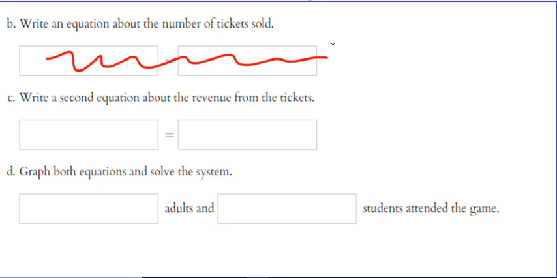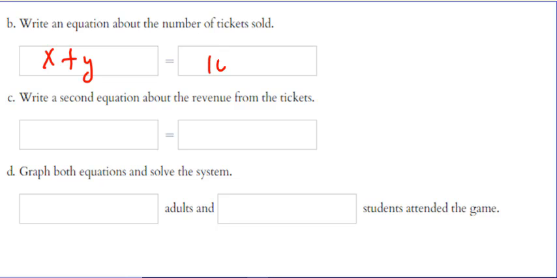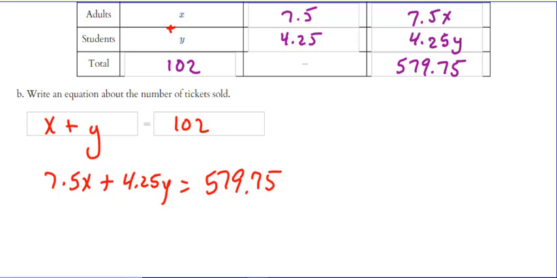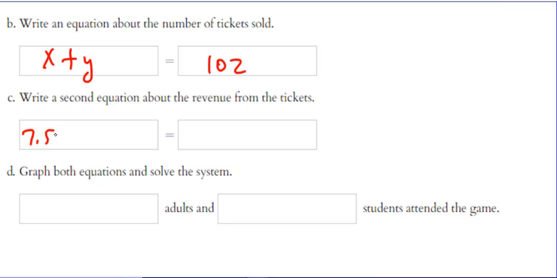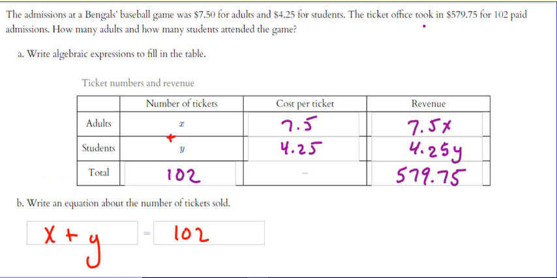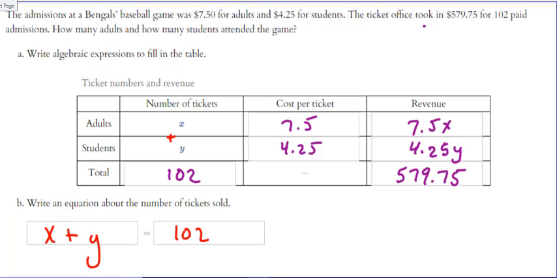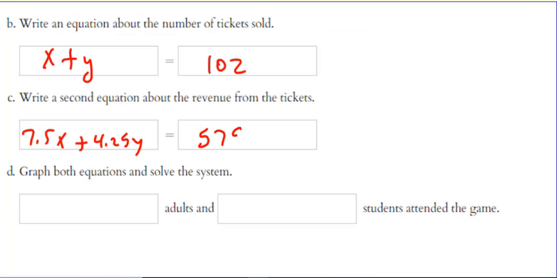I have them all right here, so let's just do this. x plus y equals 102, and then 7.5x plus 4.25y equals 579.75. Now graph both of them, and then we're going to see what they are.